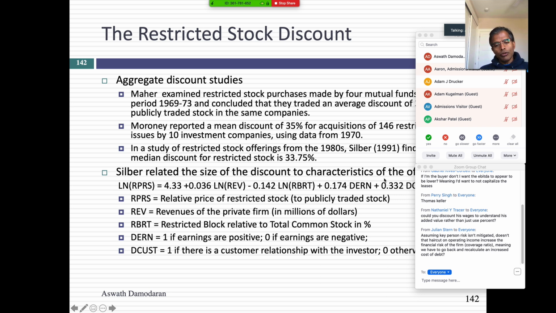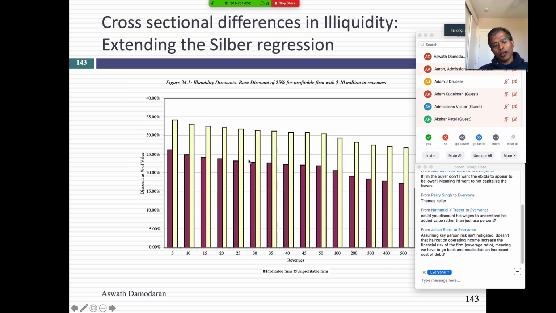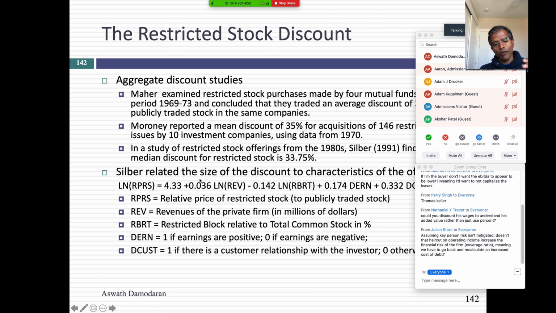And basically, he came up with the equation. You're saying, well, how does that help me? I've actually used the Silber equation to kind of finesse that restricted stock result. Remember, the average restricted stock has a 25% discount. But given the Silber study, if your revenues are larger, that discount should be smaller. So I used the coefficient on revenue. In the previous page, see this coefficient?